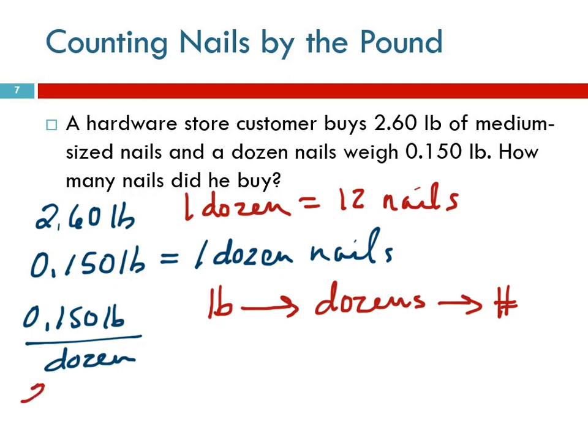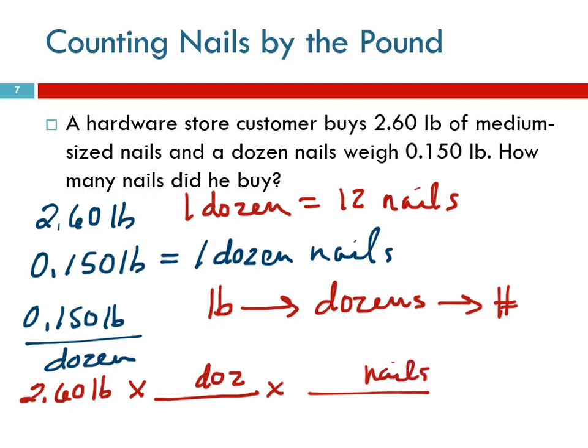So we've got 2.60 pounds. We're just going to follow our path. Pounds to dozen to number of nails. And then I'm going to put dozen down here because I want that unit to cancel out. I'm going to put pounds down here.